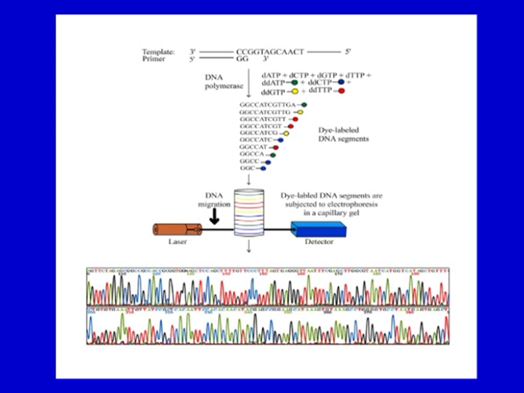As they run, the colors can be monitored through the laser here and data could be recorded, and based on the color of the dye, the base could be identified. You will get a chromatogram in this form, where you get different colors as they move out of the base of the gel, and a proper and very accurate sequence could be obtained.